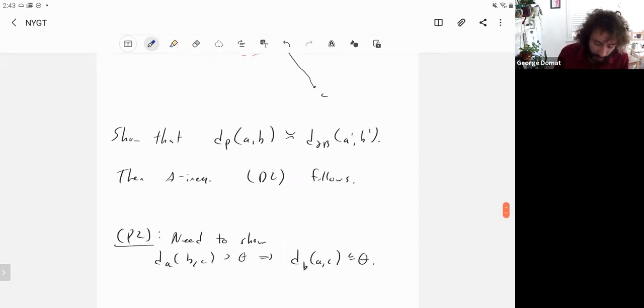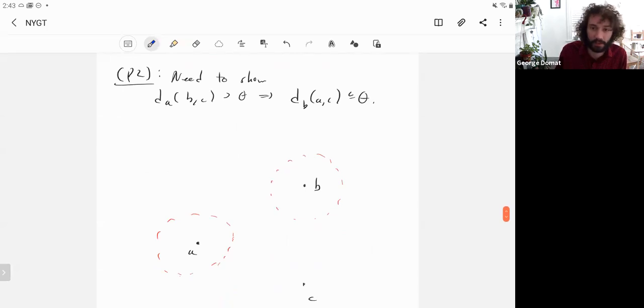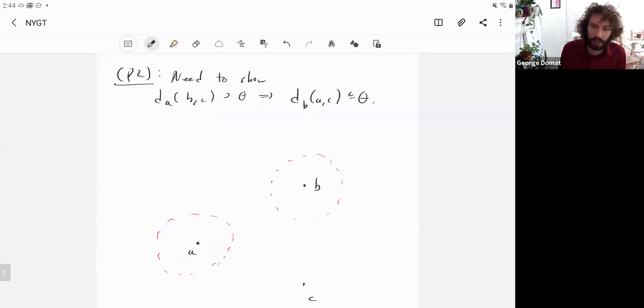So now we need to check these other two conditions, and they're actually not too bad. The next one is P2, this in-betweenness. We just need to check that if the projection distance at A between B and C is big, then when we swap to standing at B, the distance between A and C is small. This will follow from the thing I noted above. What does it mean for the distance between B and C from the perspective of A to be big?